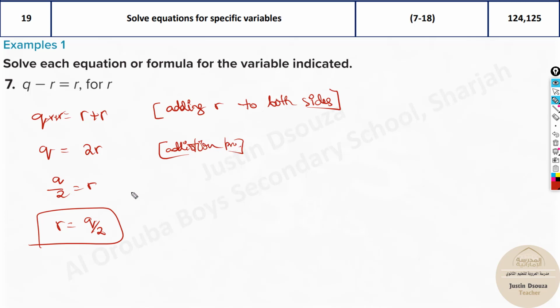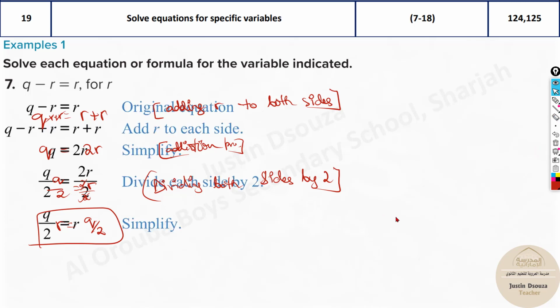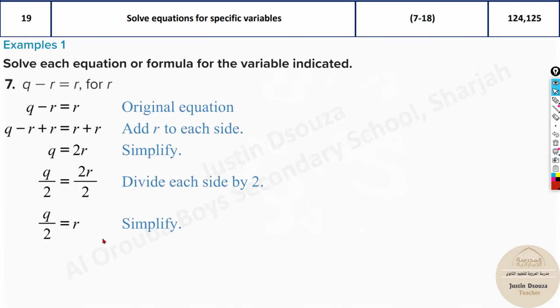So over here, dividing both the sides by 2. That's it. And then simplifying and getting the answer. Sorry, this is rearranging, okay? No need of writing everything, but some of these steps like dividing both the sides. Really, what happens here? It's 2R by 2. Divide both the sides by 2. This cancels. You're remaining with this. That's how you do it. It's a very simple topic. The answer is Q by 2.